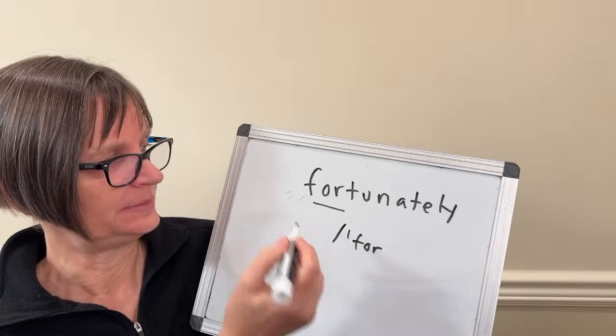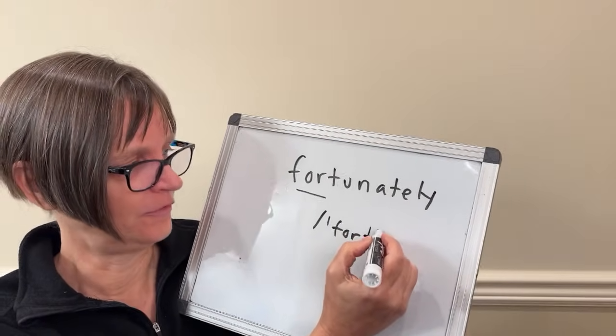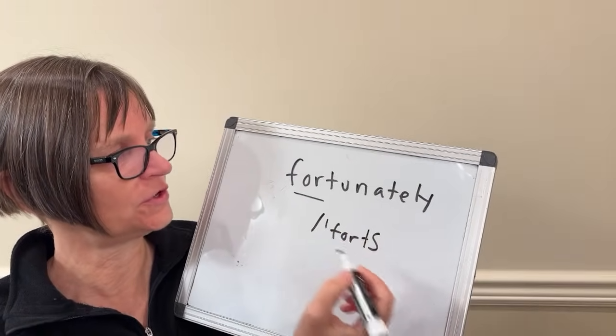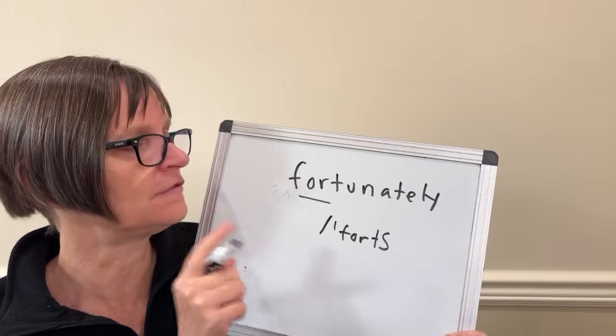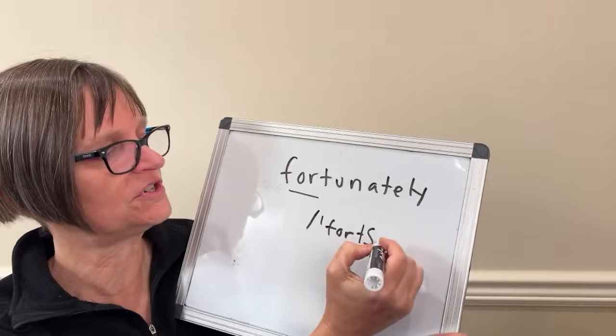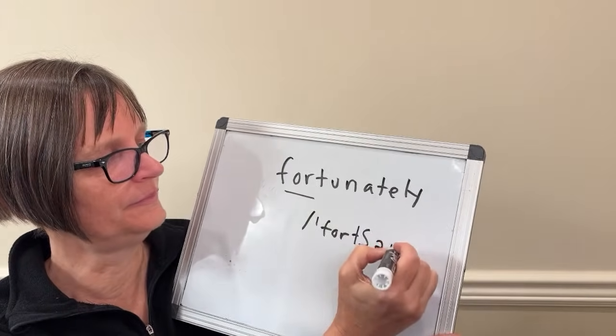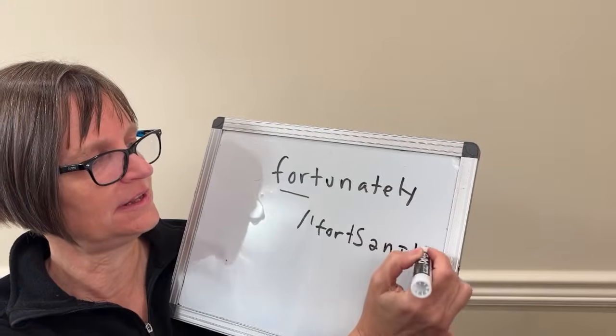Fortunately, the tu is going to be the ch sound, ch. Fortunately, we're not going to say in fortune we have an oo there, but in fortunate we just have a schwa there. Letter A says the is sound, fortunately.